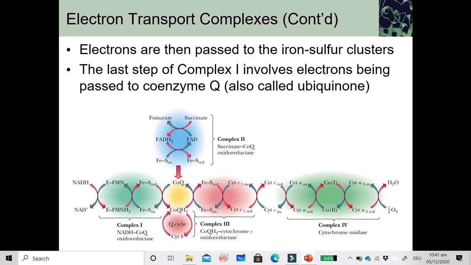And these differences are responsible for the differences in their reduction potentials. Remember that ultimately, the electron is transferred from the one with the lower reduction potential to the one with higher reduction potential. So that change in the reduction potential is attributable to the differences in the structure of the heme in which the iron is found, as well as the protein in which both the heme and the iron are found.